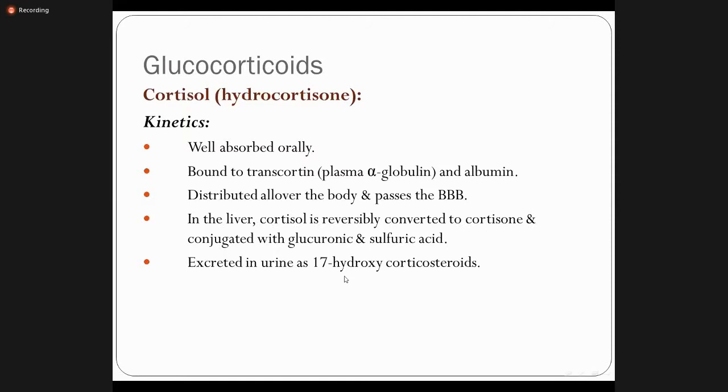This metabolite, 17-hydroxycorticosteroids, has clinical importance if you want to check the blood level or overdose of glucocorticoids. We can also check the level of 17-hydroxycorticosteroids in urine.